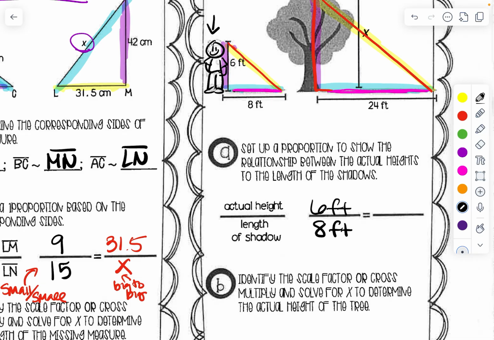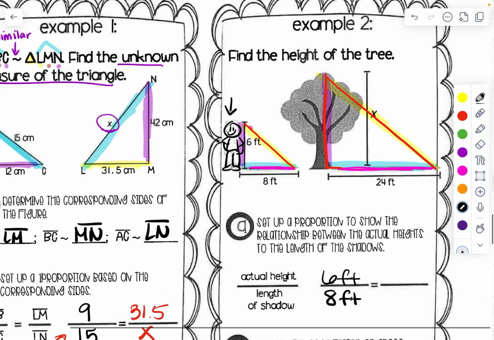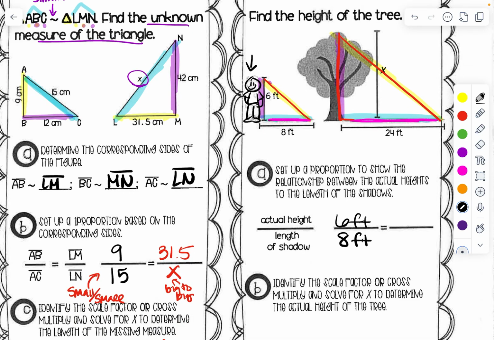And I don't really need the units because I'm all in feet here. Now we're going to say that that is equal, because they are similar figures, right? Same angle. The shadow is being displayed on the ground at the same angle if the sun is shining on both of these objects. So then we can set up the proportion equal to the measurements of the tree.